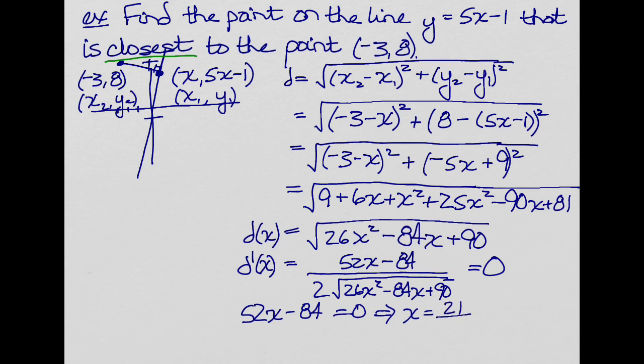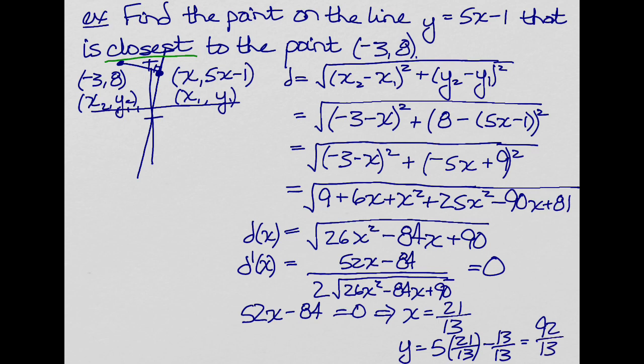So we're just adding 84, dividing by 52, and then simplifying. Y, since we're looking for a point, we're going to need the y coordinate too, but this is a point on the line, so y equals 5x minus 1. And for y, we get 92 over 13.